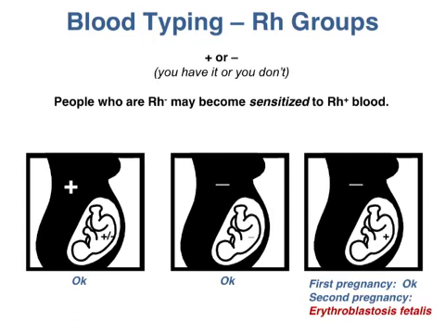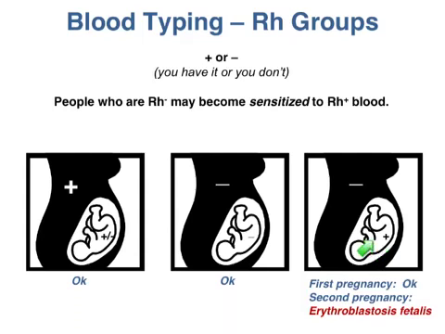This becomes a problem if you are an Rh negative mother trying to carry an Rh positive baby, because there is some communication of blood between mother and fetus. So, if you're an Rh negative mother and you have an Rh positive child, your first pregnancy is likely to be okay, but towards the end of pregnancy and during delivery, you're going to become exposed to some of that baby's blood and you're going to get sensitized to it, right?